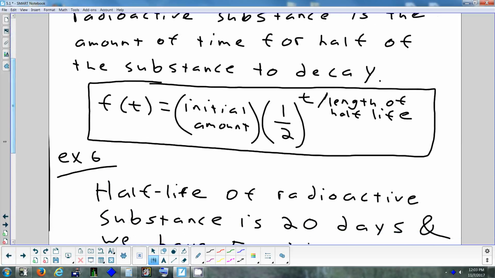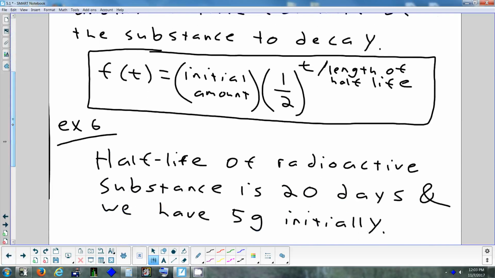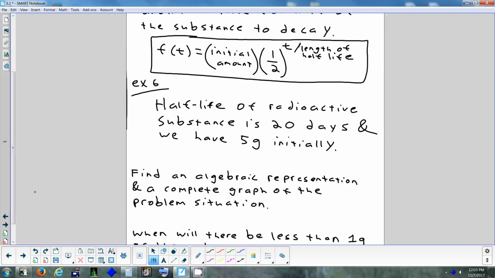Okay, so we have a radioactive substance that has a half-life of 20 days. We're starting off with 5 grams of the substance. And what I want to do is find an equation that represents that.